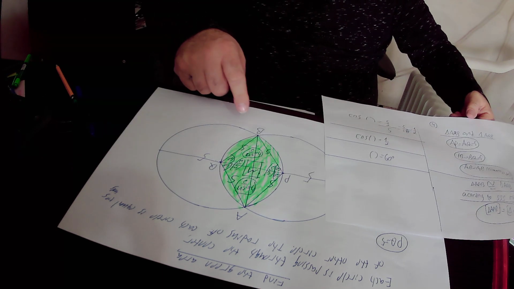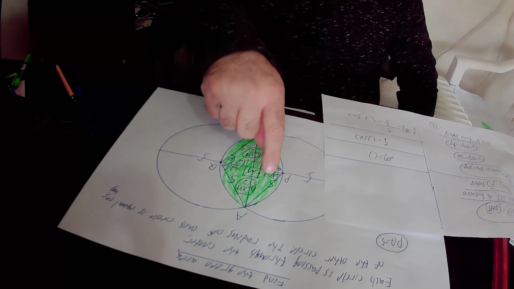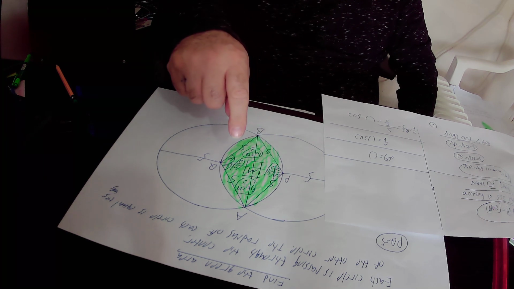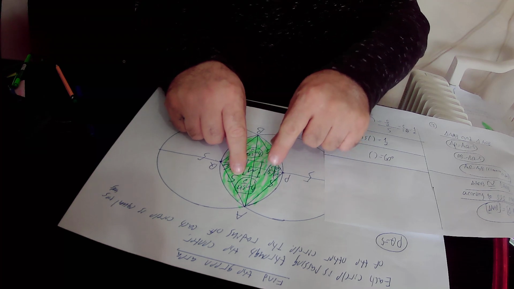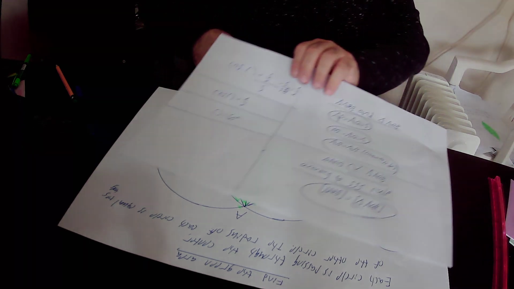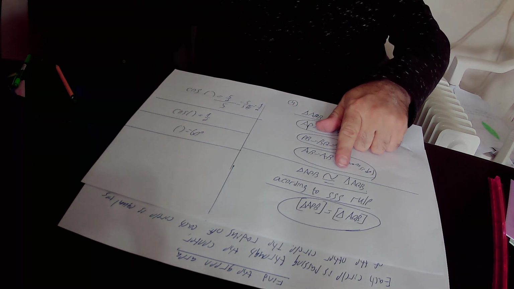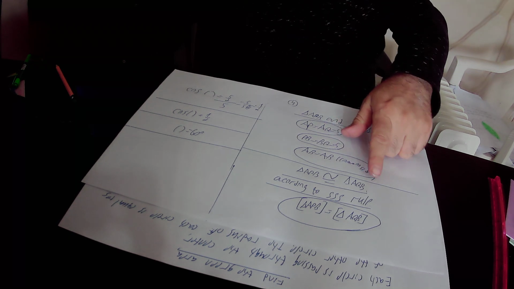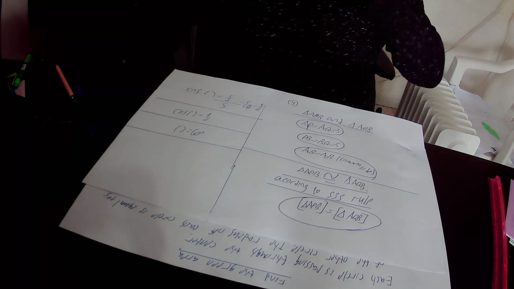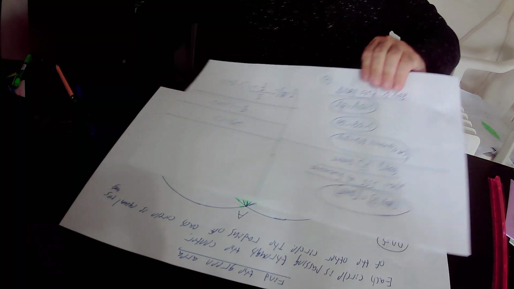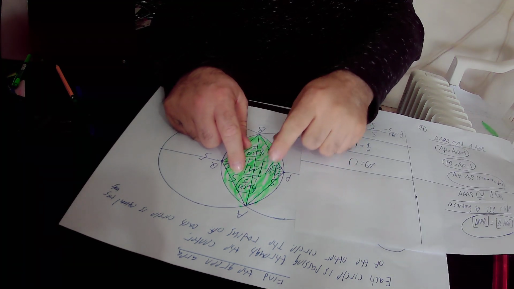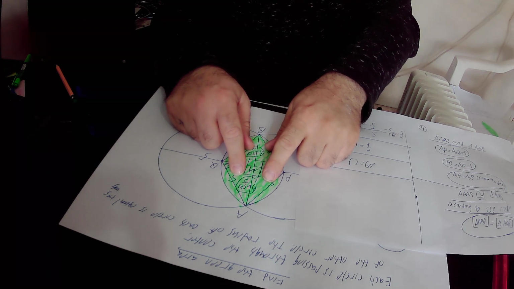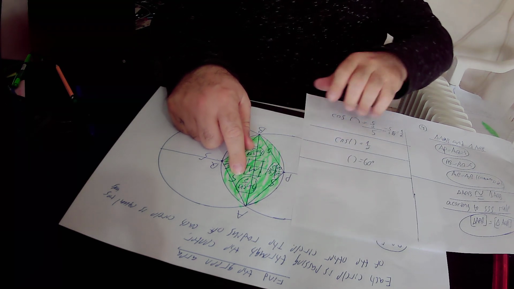What does it mean? It means that all the sides of triangle APB can go into all the sides of triangle AQB. Therefore, those two triangles can go into each other according to the side rule. And because those two triangles can go into each other, we conclude that they also have the same areas.